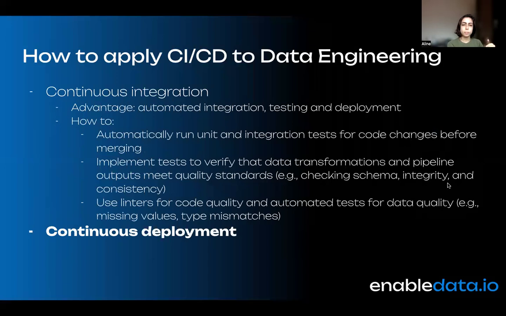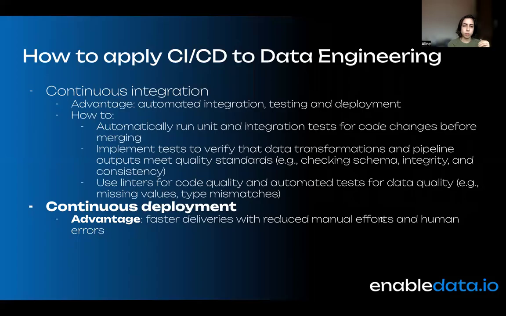So the second part: after integrating, after you open your pull requests and these tests run to verify integration and test your code, you actually deploy. The main advantage is faster deliveries with reduced manual effort and human error.